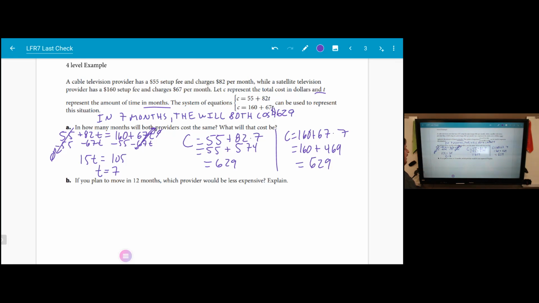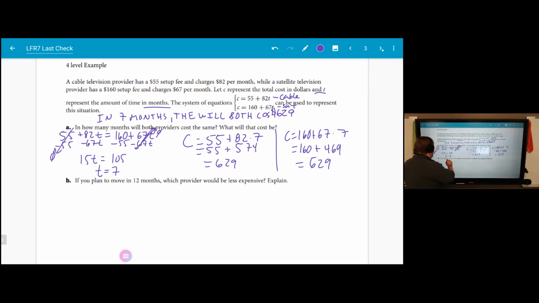Part B says, if you plan to move in 12 months, which provider will be less expensive? Well, if we look here, after 7 months, the top one, this is cable television, remember. The bottom is satellite. And it turns out that the top equation after 7 months becomes more expensive.